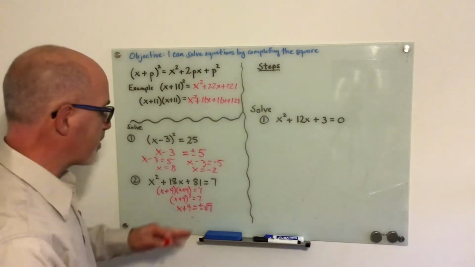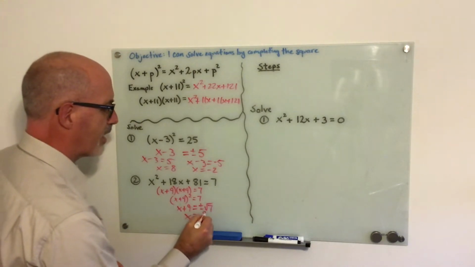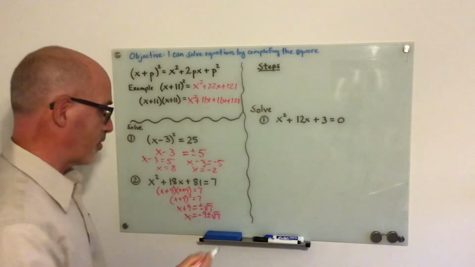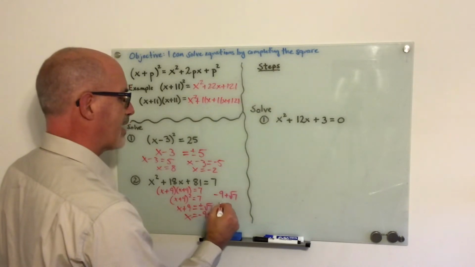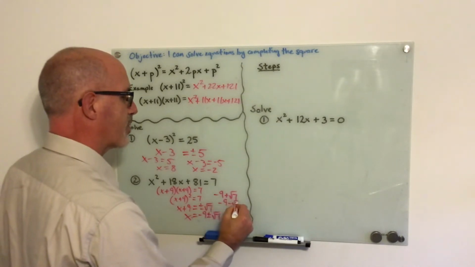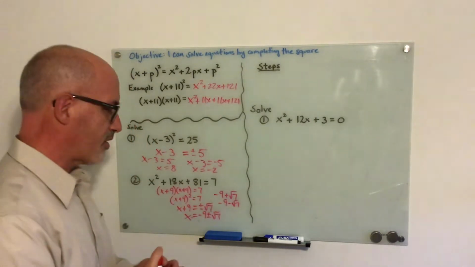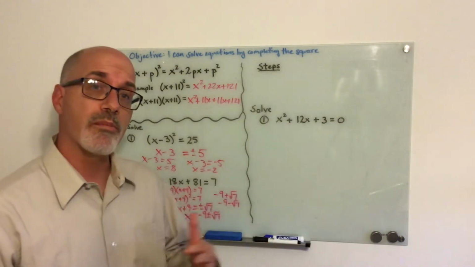Now we subtract 9 on both sides, and we get x equals negative 9 plus or minus the square root of 7. Those are 2 answers, negative 9 plus the square root of 7 and negative 9 minus the square root of 7. So we want to take advantage of the fact that perfect squares we can solve by taking the square root of both sides.